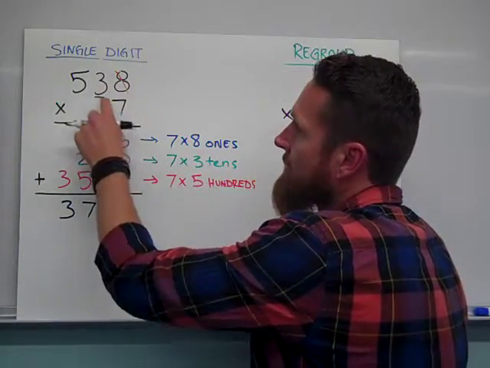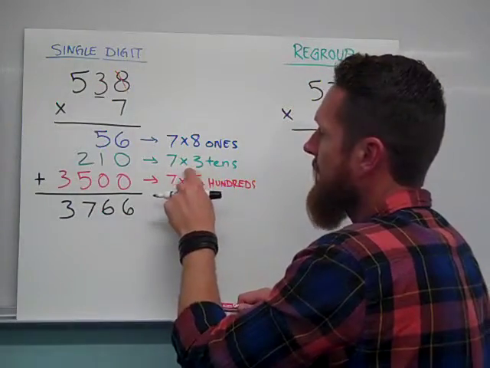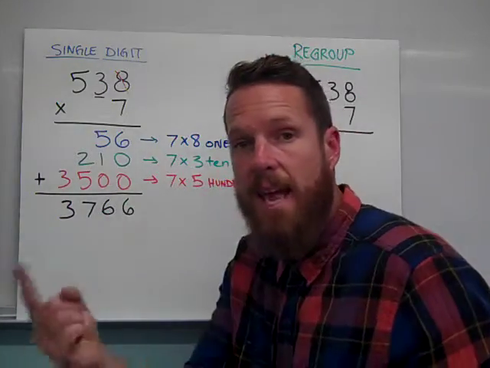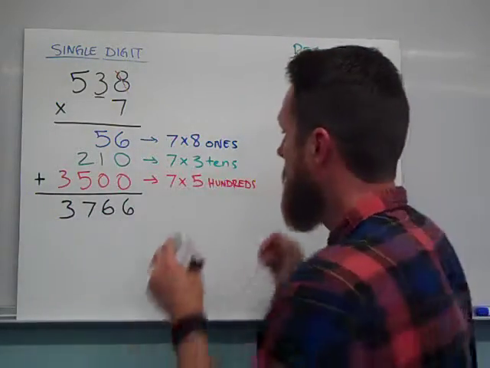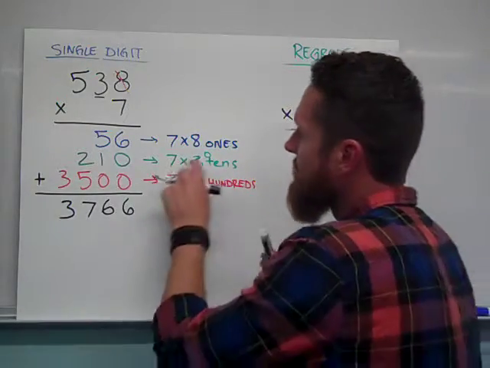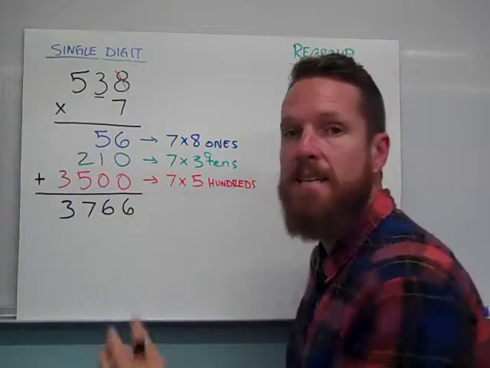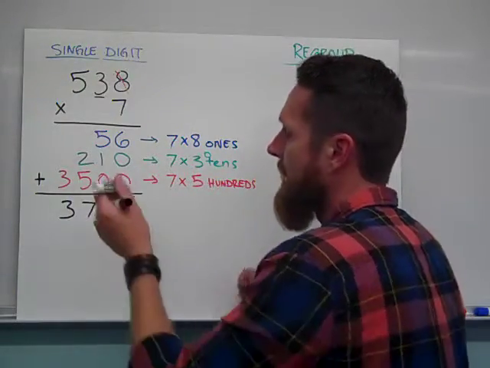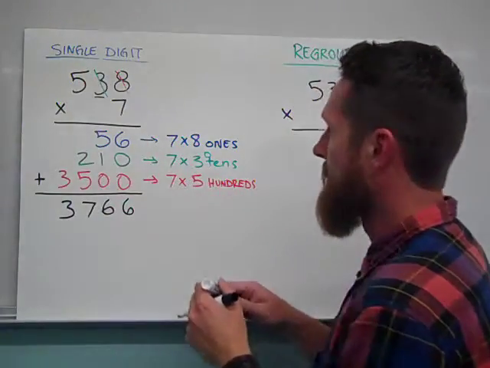So now we say 7 times 3 tens. 3 tens is 10, 20, 30. It's like saying 7 times 30. And 7 times 30 is 210. So we write 210. We are now done with the tens.